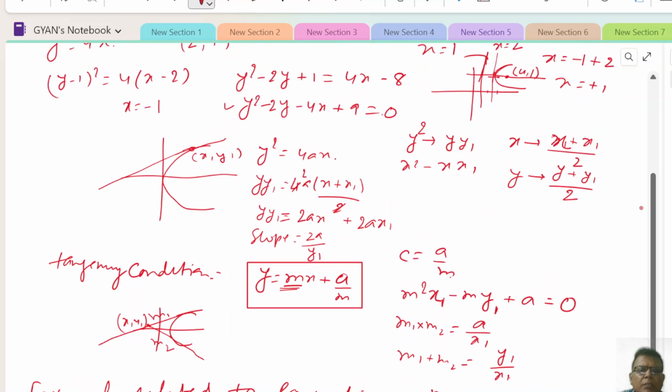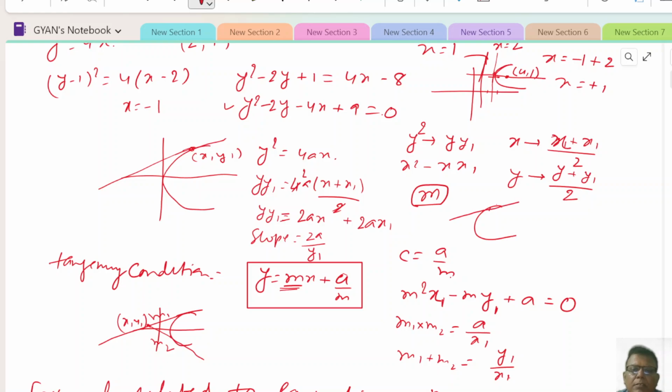Here, x1, y1 is given, and we get the formula for this tangent. Suppose m is given, then what will be the point of contact x1, y1? Suppose one line is there, y is equal to mx plus c. Then we have to find the point x1, y1.